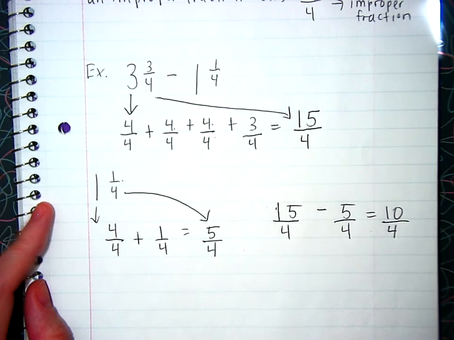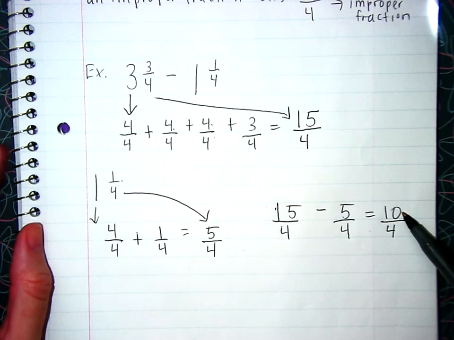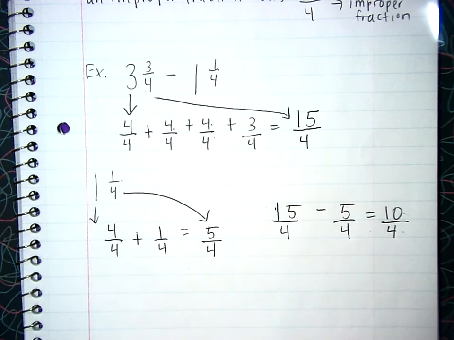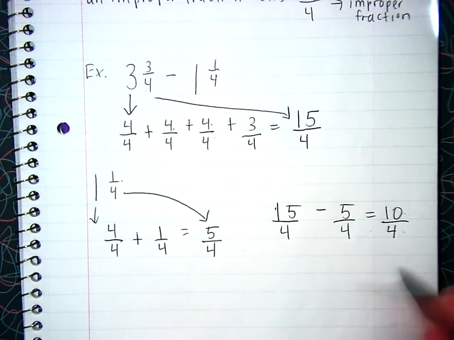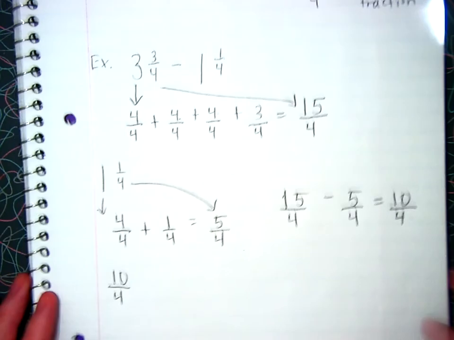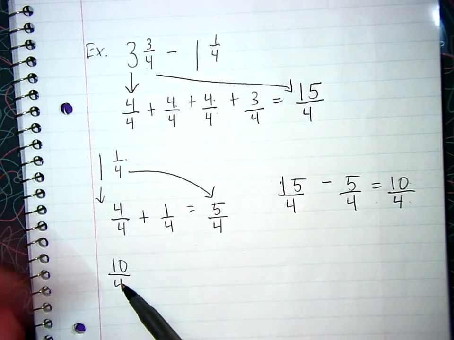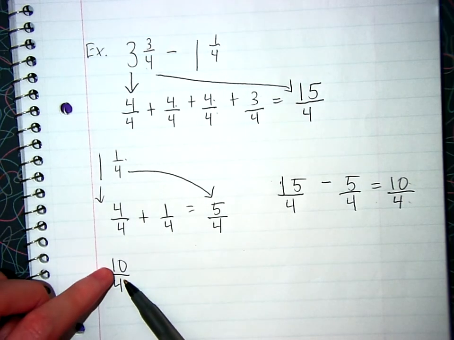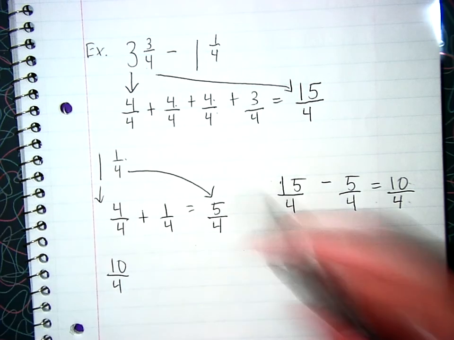And then you have a denominator of 4. So 10 over 4 is the answer in an improper fraction, but we have to turn it back into a mixed number. So I'm going to take my 10 over 4 and turn it into a mixed number. And the way I do that is by seeing how many equal groups of 4 I can make out of the 10. So let's look.